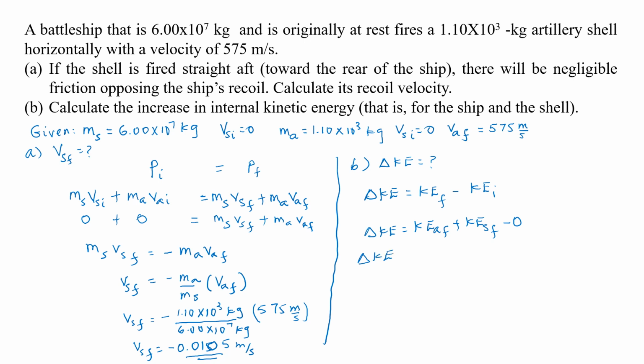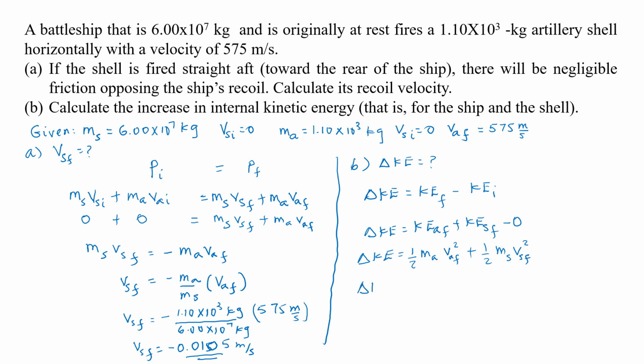Let's write down first the kinetic energy formula for them. 1/2 mass of the artillery shell, velocity of the artillery shell squared, plus 1/2 mass of the ship multiplied by the square of its final velocity or recoil velocity, and that's minus 0. Let's plug in the numbers.